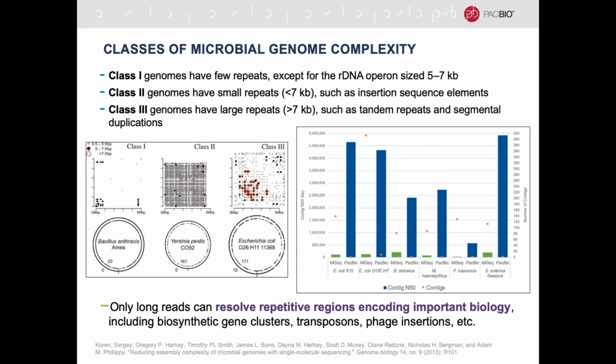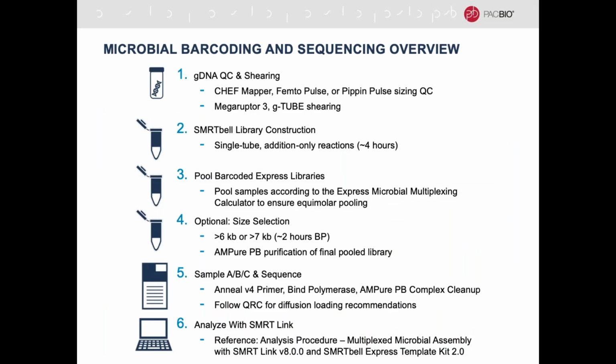So next slide here. This is just a brief overview of our microbial barcoding and sequencing pipeline that we've developed, starting from gDNA, going through shearing, library construction, barcoding and pooling, optionally size selecting, and finally getting it onto the sequencer itself.